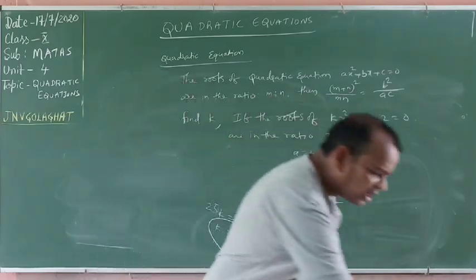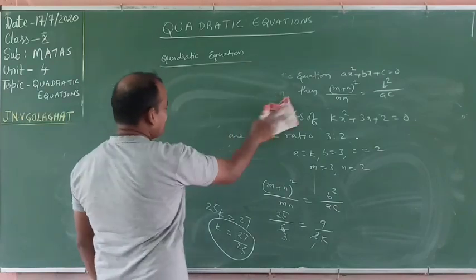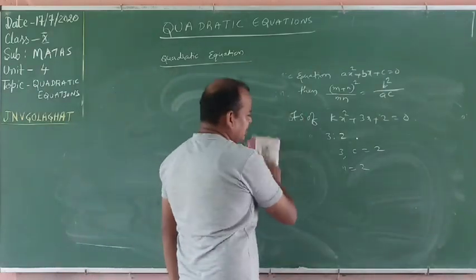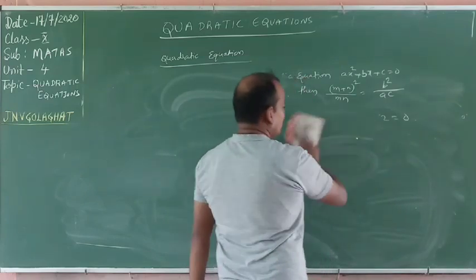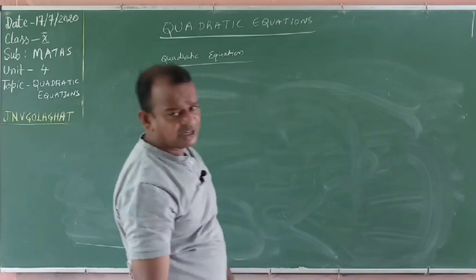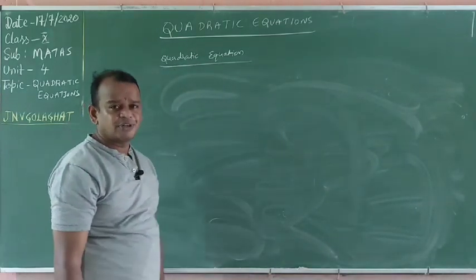Okay. Now another one, most important one from the examination point of view for class 10 students. For suppose you are asked to find the roots of the equation by using the formula. What is the formula? You know very well: minus b plus or minus root over b square minus 4ac by 2a.